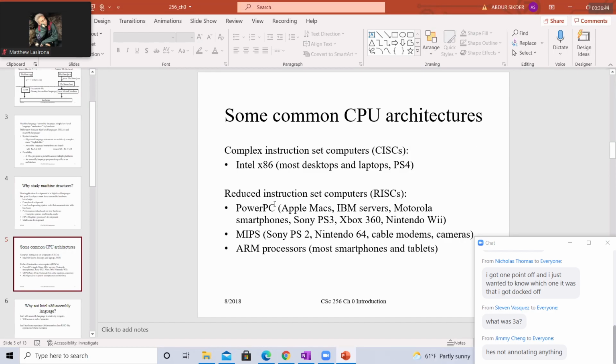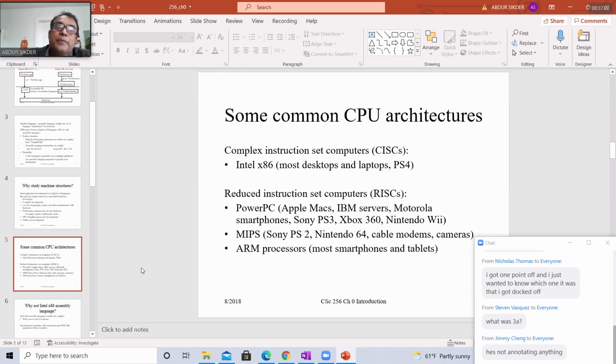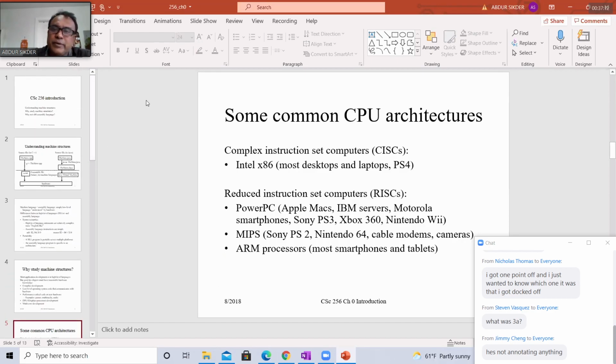PowerPC has different kinds, and MIPS also has different kinds: Nintendo, cable modems, cameras, Sony PS2. Whatever you say, if you say any of these or PowerPC, MIPS, it's still correct. If people say MIPS and IBM, I give them a point. It's okay.